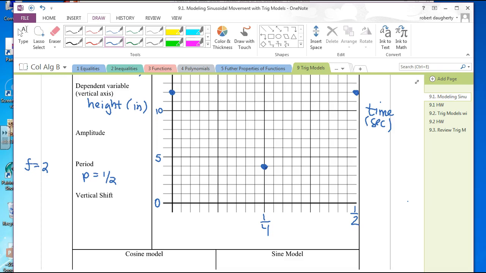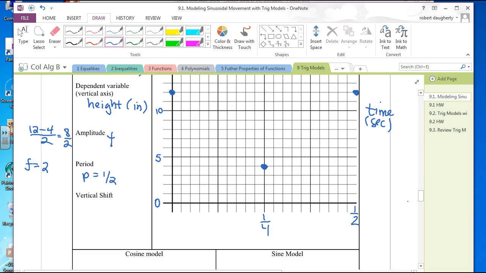Okay. So that means the total distance is 8. What's the amplitude? Not 8. 4. Okay. So if you think about it, this total distance is 8. So to find the amplitude, you've got 12 minus 4, and you're going to divide that by 2. So 12 minus 4 over 2, that's 8 over 2. That amplitude is 4.